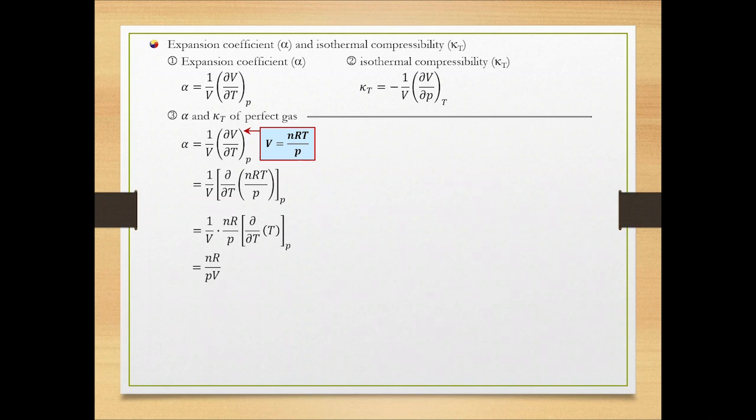Utilizing the equation for perfect gas, this can be further simplified to 1 over T. It shows that the expansion coefficient of perfect gas is simply 1 over T.